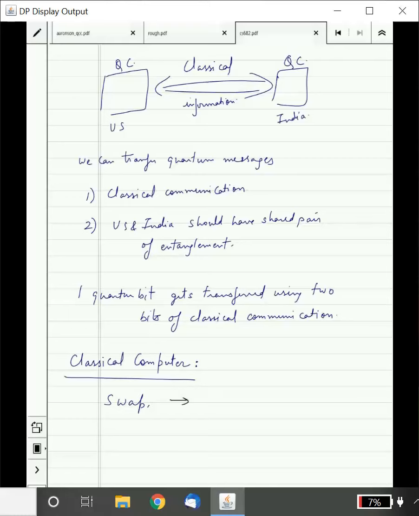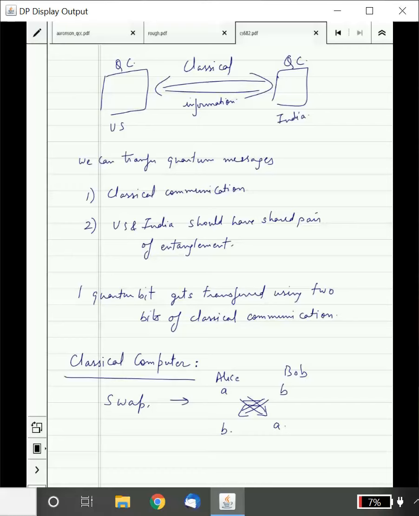You have 2 bits A and B. Let's say A is with Alice and B is with Bob. You want to design a circuit so that they get swapped, then Alice will have B and Bob will have A. In your first course on computing, you must have definitely solved this problem.